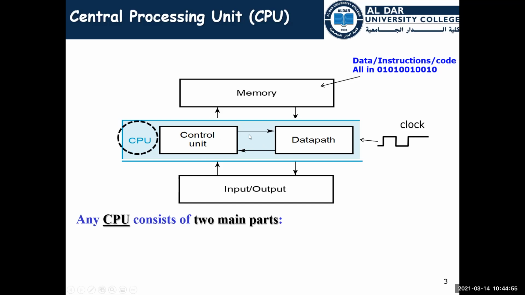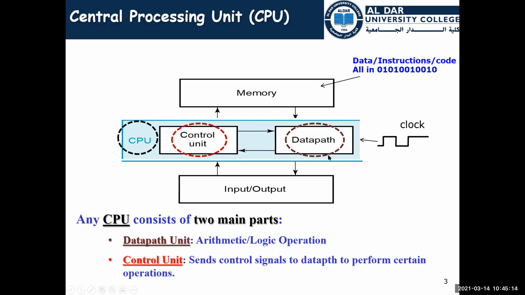So the control unit has a data path unit, and the data path unit is doing the corresponding arithmetic logic operations. How does the data path represent the arithmetic logic operations? Okay, I will see that in the next slide. What about the control unit?